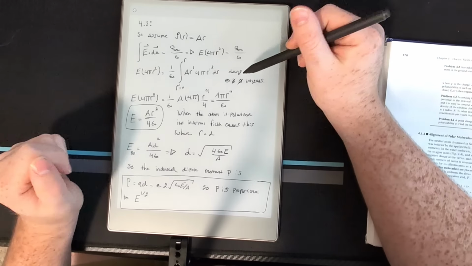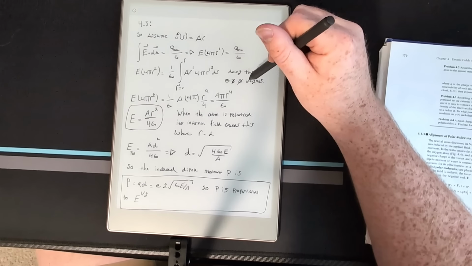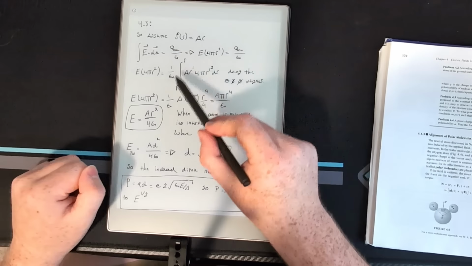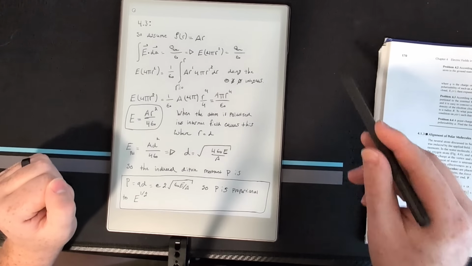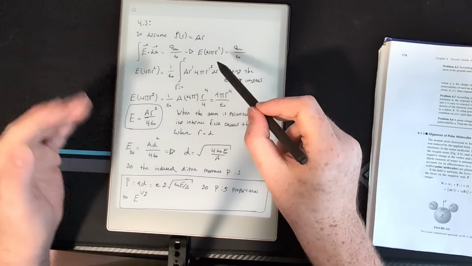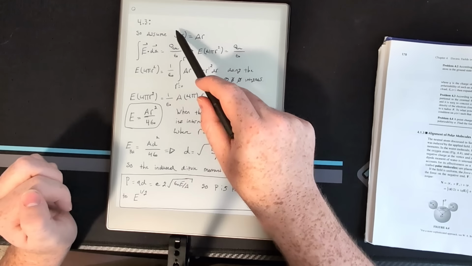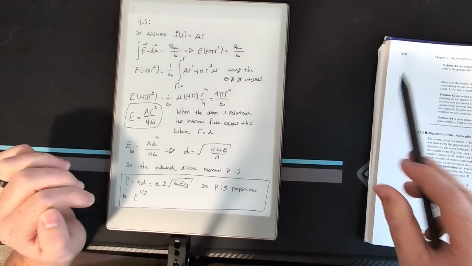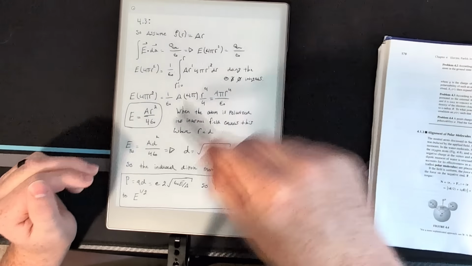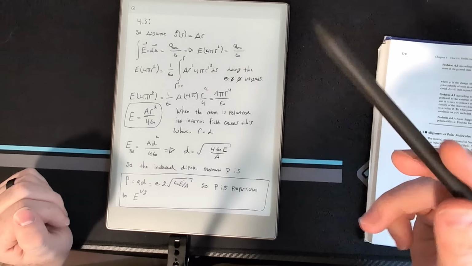I was thinking it should be a triple integral, but I wrote down here that there's no phi dependence, so that phi integral would be the integral from 0 to 2 pi of d phi. This should be a volume integral, so you could write the integral of rho d tau, and then you get the phi integral, the theta integral, and the r integral. The phi integral just ends up being 2 pi.